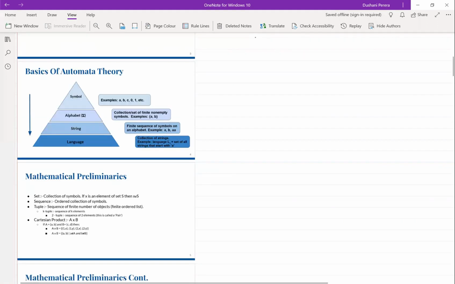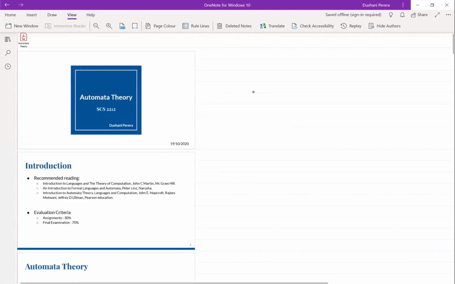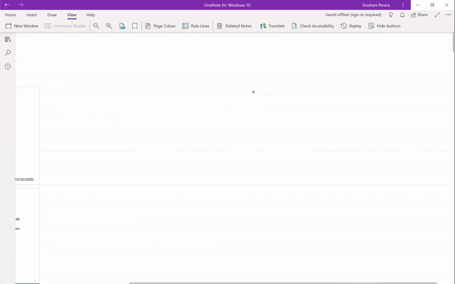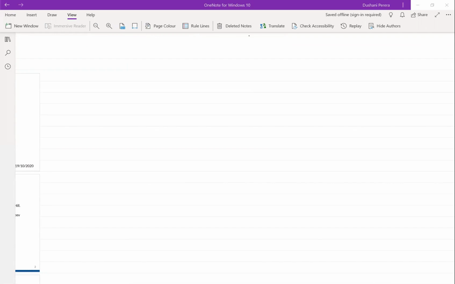Right. So before we move into talking about the crucial areas, we first start with the basics. The basics of this subject start with something called a symbol.